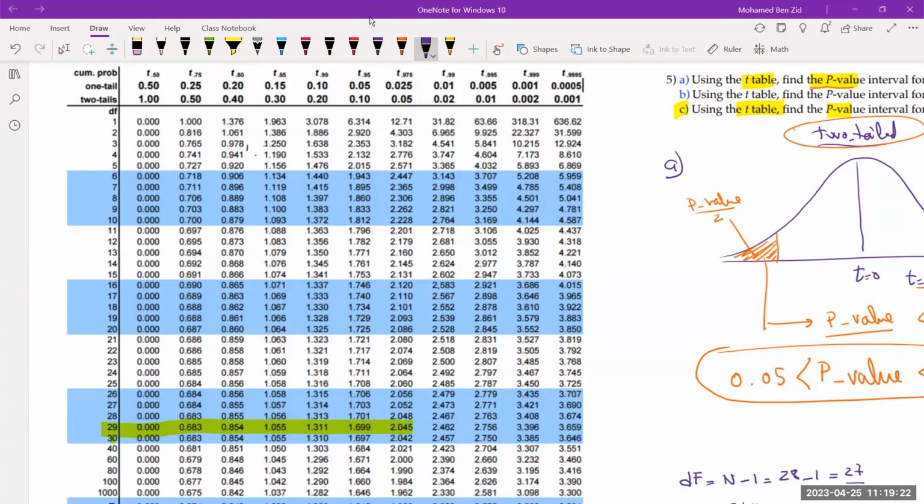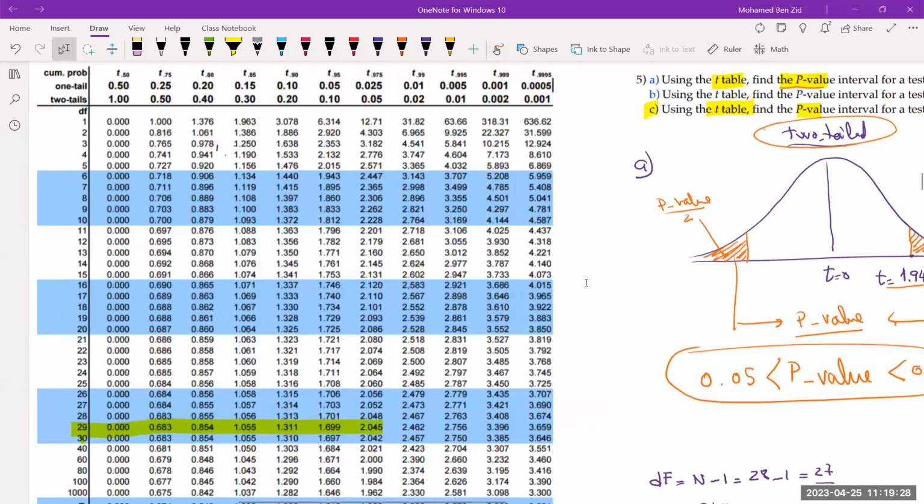And my value is 1.34, I think. t is going to be 1.34. And 1.34 is located between 1.311 and 1.699, and is closer to 1.311, as a matter of fact.